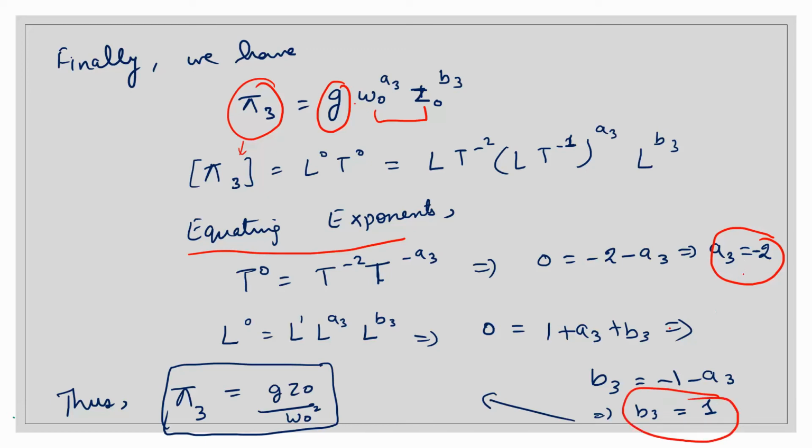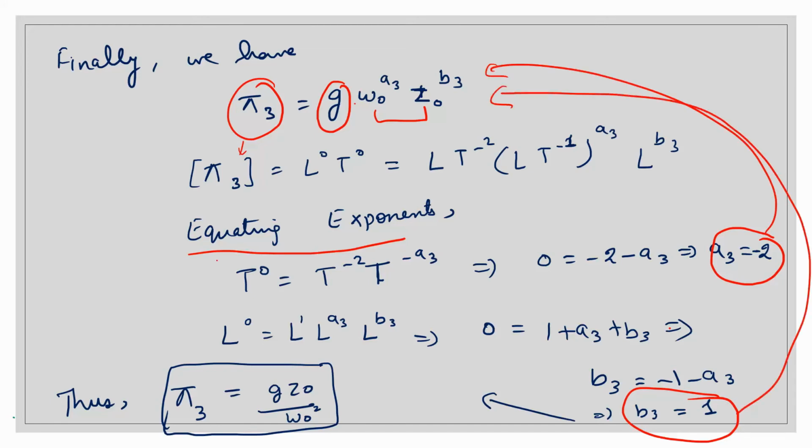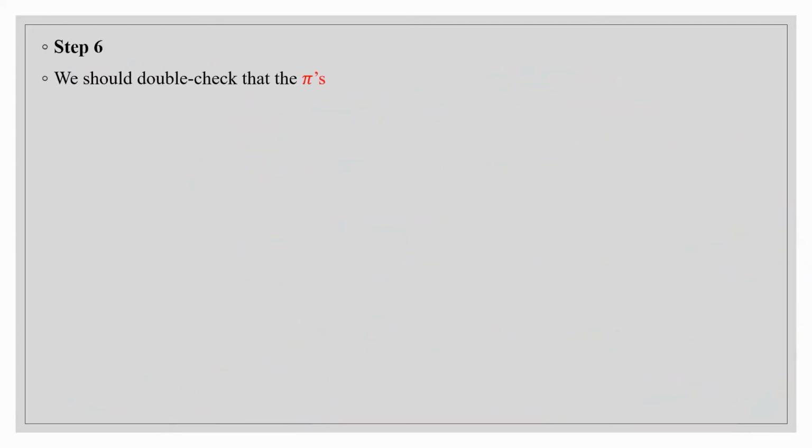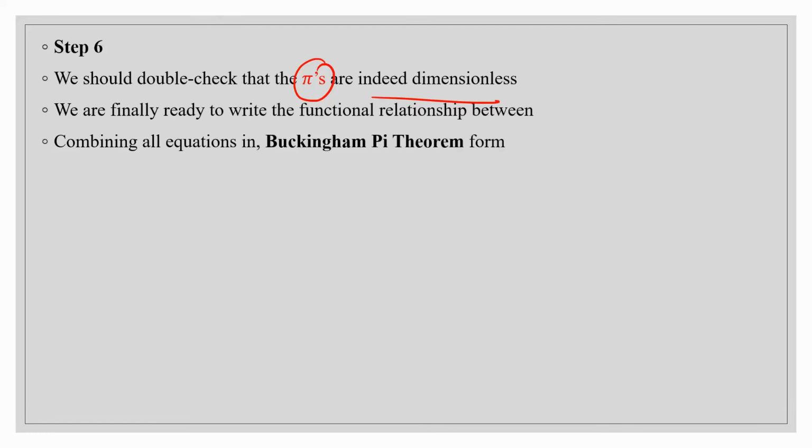Putting this a3 and b3 over here, you will get the third dimensionless group given over here. In the last stage, you will double check that all the pi i's are indeed dimensionless. So these are dimensionless. Now we are finally ready to write it in the Buckingham pi theorem form.